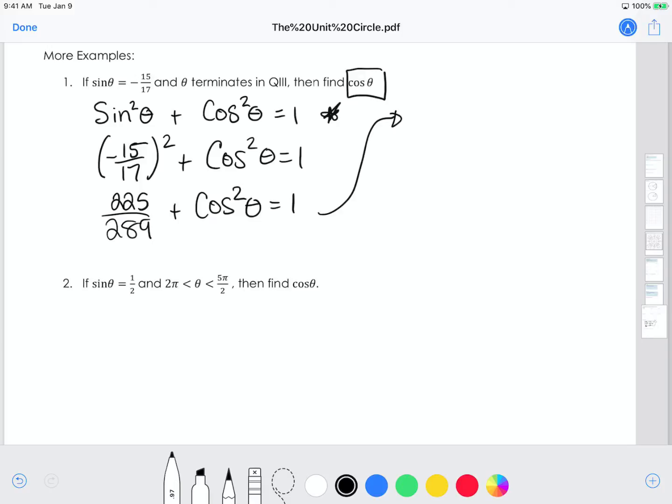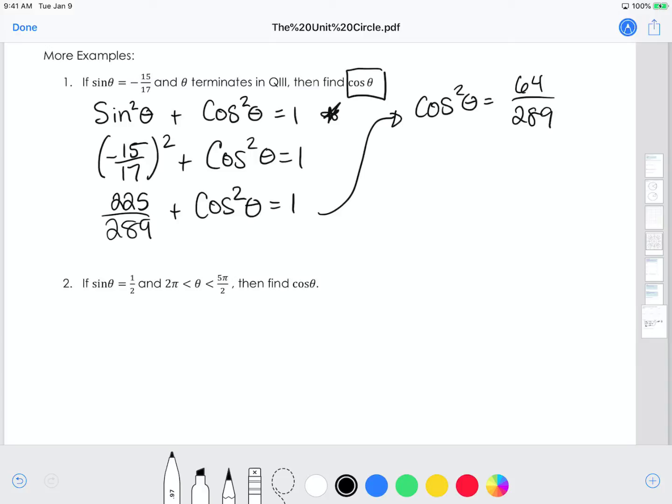Then I'm going to subtract 225 over 289 from both sides. You're going to have to write 1 as 289 over 289 so you have a common denominator. And when you subtract from both sides, you get 64 over 289.